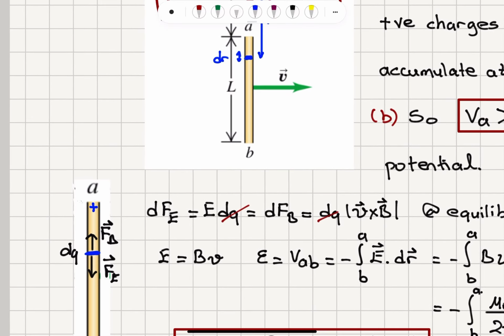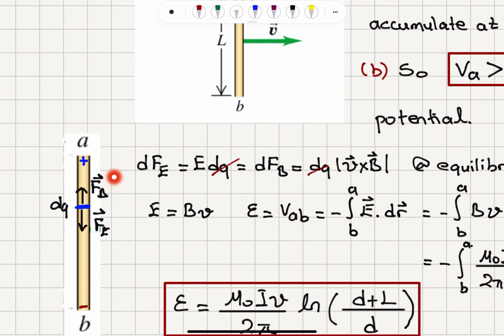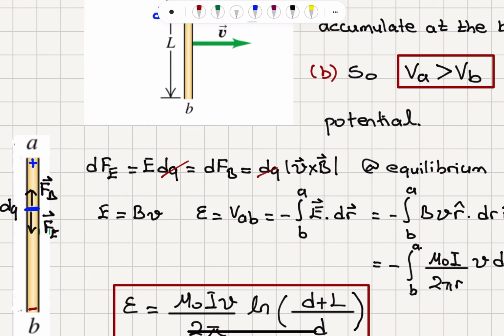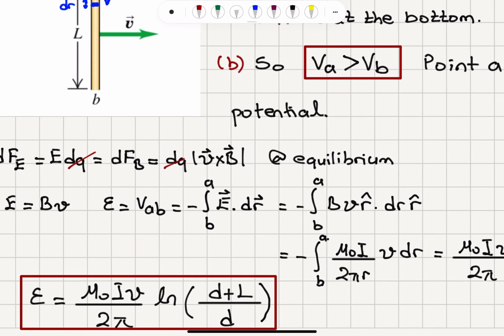Now, at equilibrium, I will see that this Lorentz force will be balanced by the electrical force due to the electric field set up between A and B. So E dq will be equal to dq magnitude of V cross B. So electric field magnitude will be equal to B times V. And since that magnetic field is r dependent, radial distance dependent, mu 0 I over 2 pi r times V is the electric field.